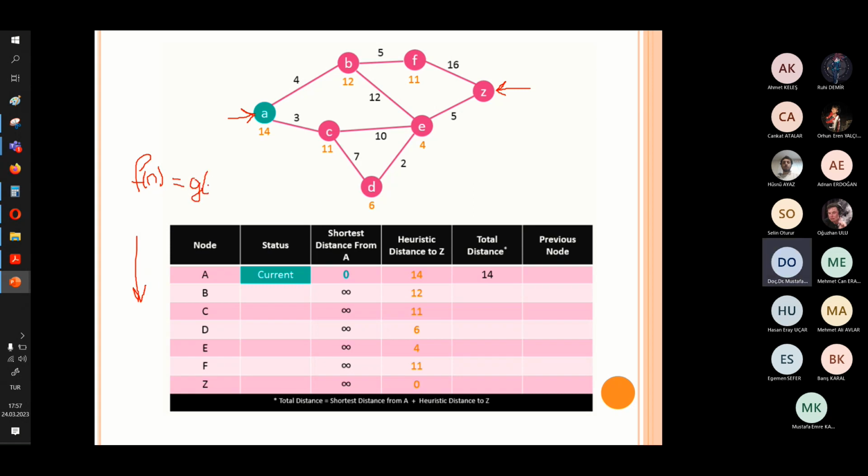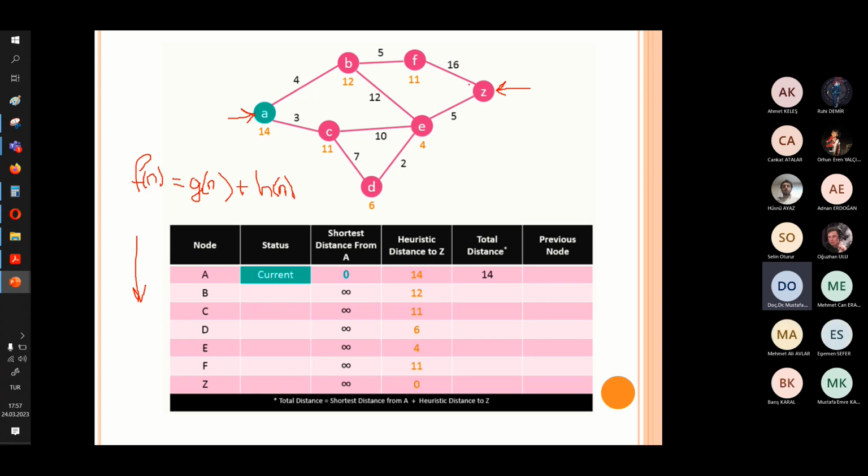Gn is the actual cost of reaching N from the starting point, plus the heuristic cost from the current node to the target node.